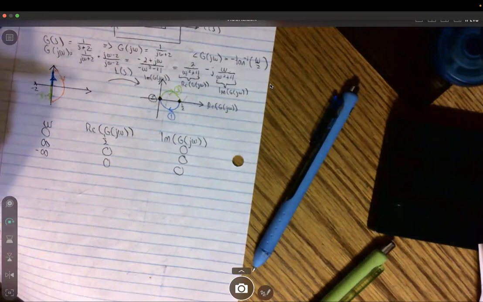Now that we talked about that, we need to look specifically at one example where we go from 0 to infinity.